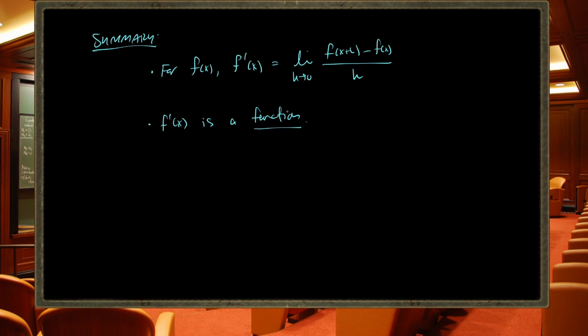For f of x, f prime of x is given by the limit as the time interval goes to 0 of this rate of change, what we call the difference quotient. Assuming that this limit exists, f prime of x is a function.